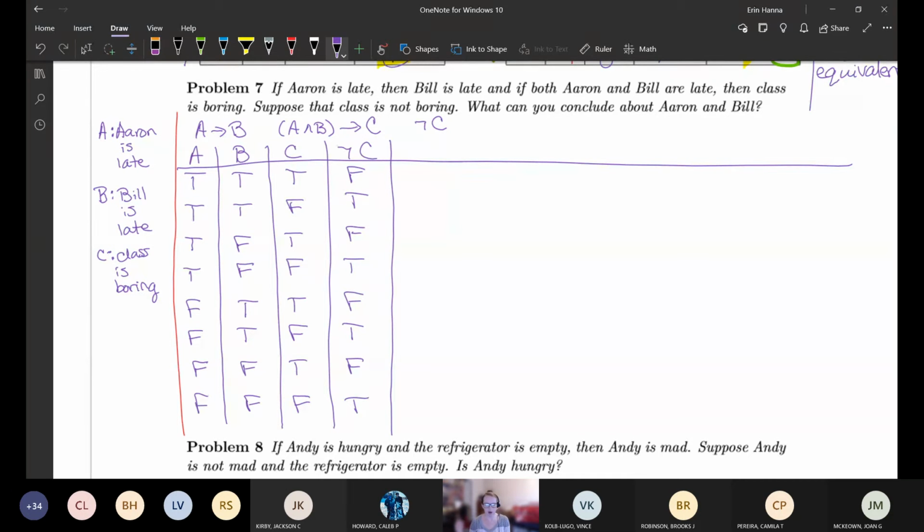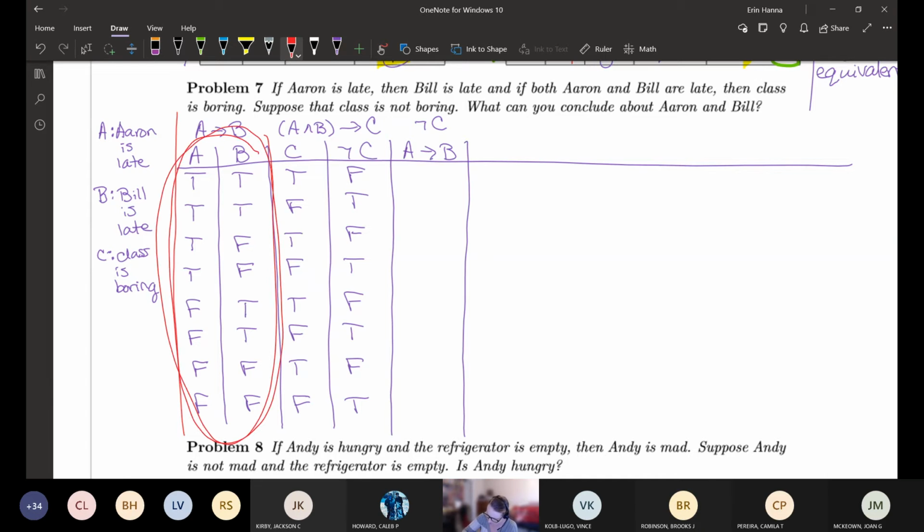I can do these in any order I want. I'm personally going to do the implication next because that's the next one that takes the least amount of work. So we want to be careful. We're looking at these 2 columns back here. So we have true implies true twice. So that'll give us true, true.